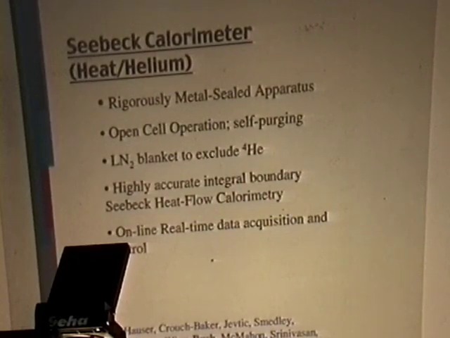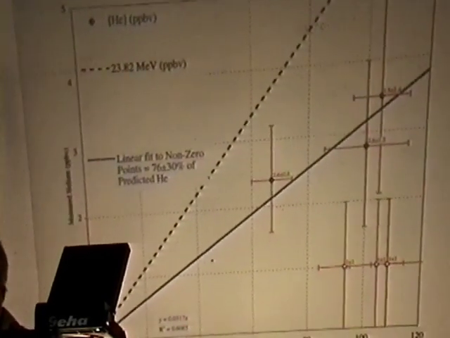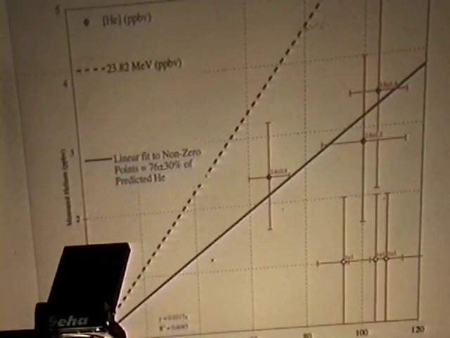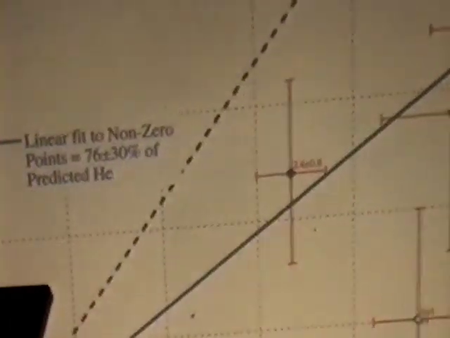We were seeking to reproduce this experiment in a somewhat better designed system, an all-metal system, integral boundary calorimeter, with much more sophisticated exclusion of possible helium-4 ingress. The results that we obtained at that time were suggestive and certainly confirmatory of Mel Miles' observations.